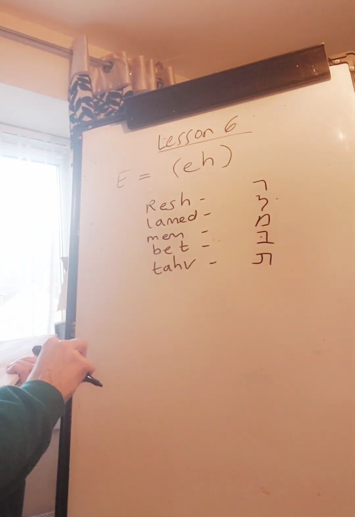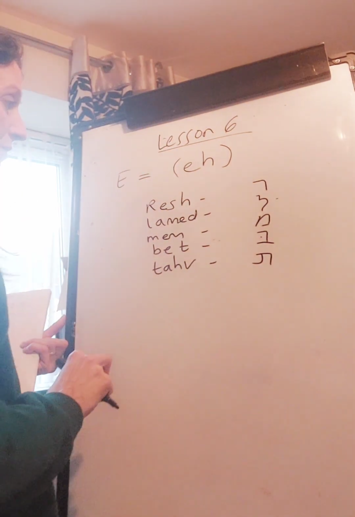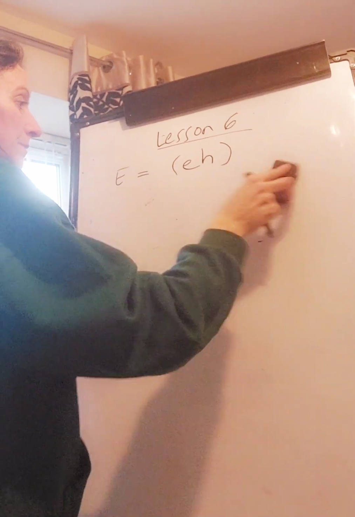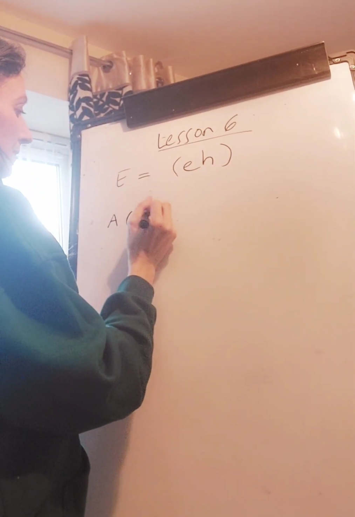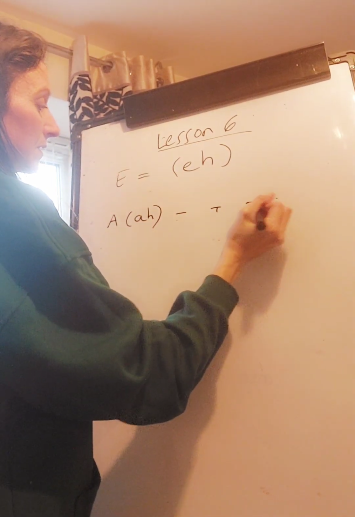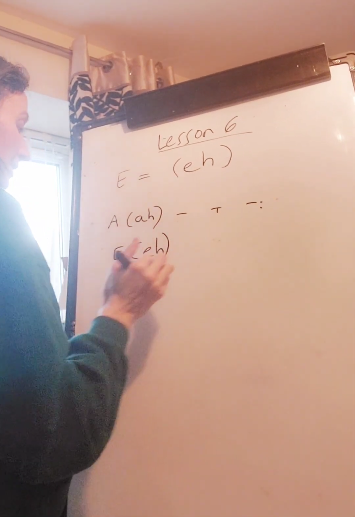Can you write the Hebrew vowels for A? So it's 3 symbols, we can write them for the A vowel. Okay, dash, little T. Can you write the vowels for the E sound?